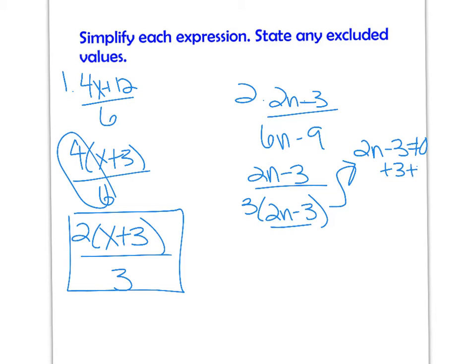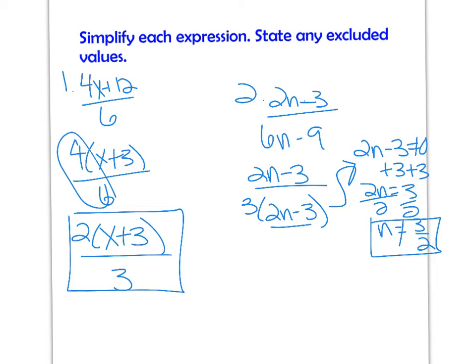If I add 3, I have 2n equals 3, divided by 2, so n equals 3/2. So whenever n is 3/2, my denominator is 0. So my excluded value, that's part of my answer: n cannot equal 3/2.